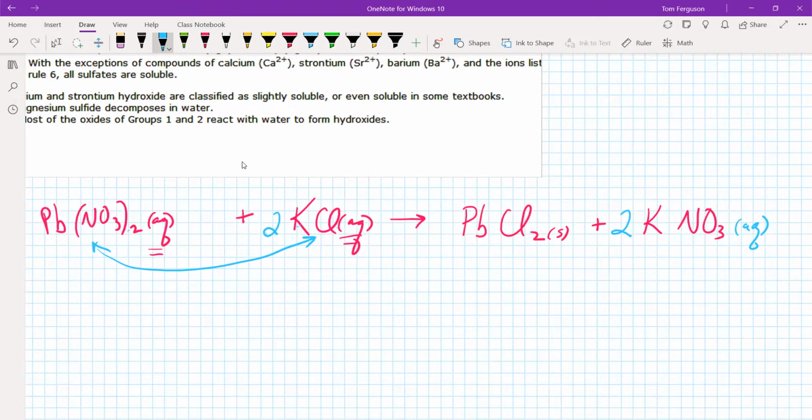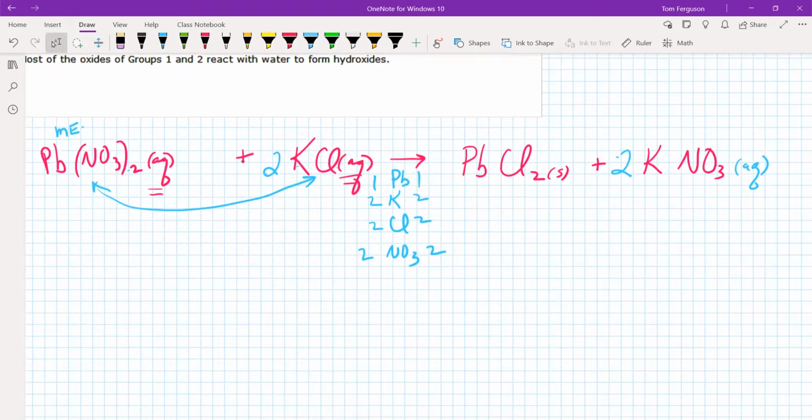Okay, two nitrates, one lead. So if we just list these, lead, potassium, chloride, and nitrate, we have 1 and 1, 2 and 2, 2 and 2, 2 and 2. Okay, so that is the molecular equation.